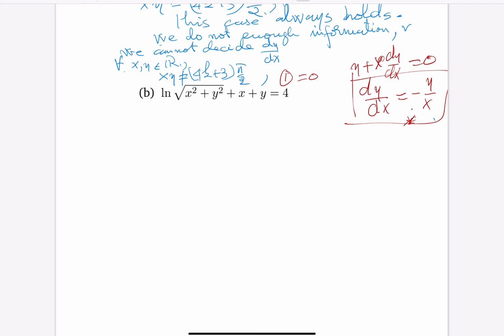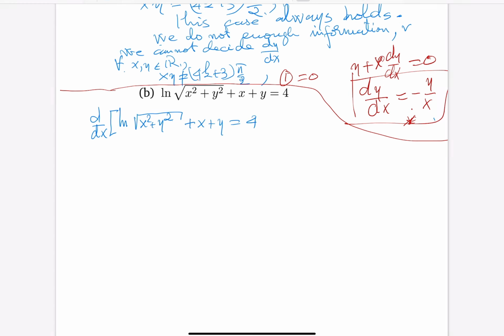Now, let's move on to the next one. Same thing. The process is to find dy over dx. So if we take the derivative on both sides, we have d over dx of the square root of x squared plus y squared, and then plus x plus y equal to 4.